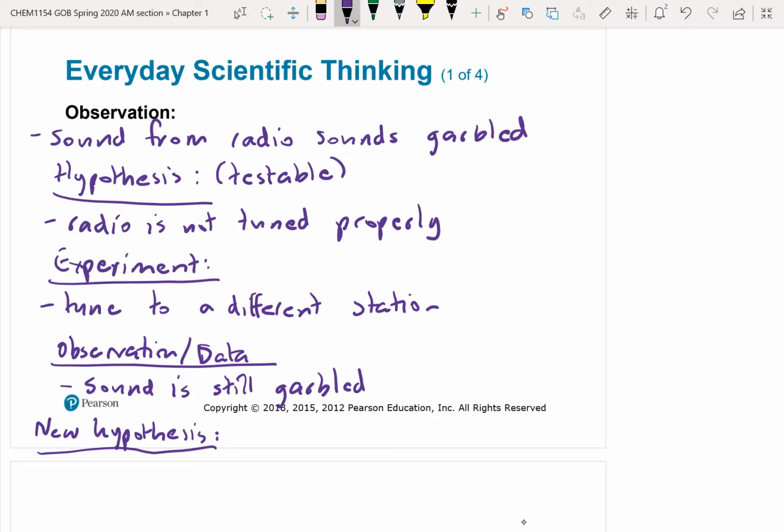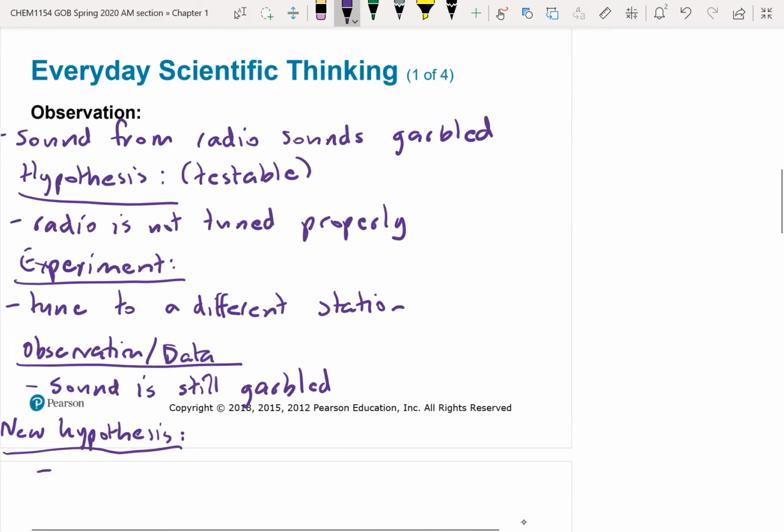What about maybe the speakers? Maybe the speakers are bad. Right? That's why it sounds garbled. And if the speakers are bad, can you test that hypothesis as well? Yeah, maybe stick in some headphones and see if the headphones work. So you isolate the speakers and you test it that way.